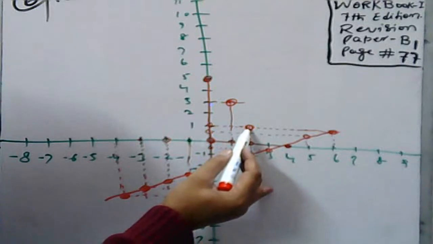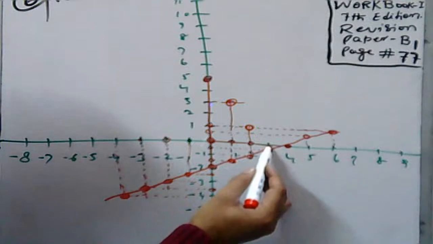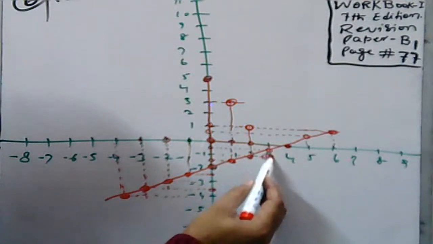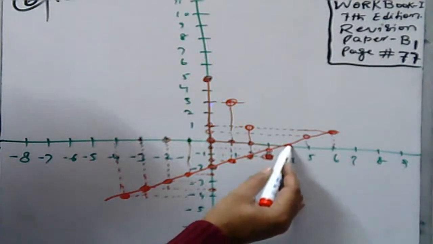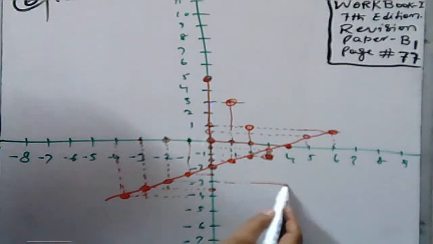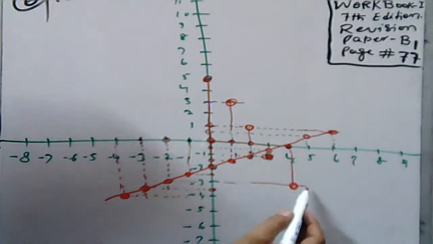Similarly, for 3 you get -1, that is your -1. For 4 you get -3, you will get this point.